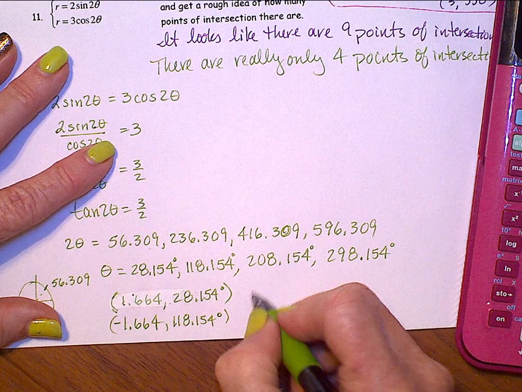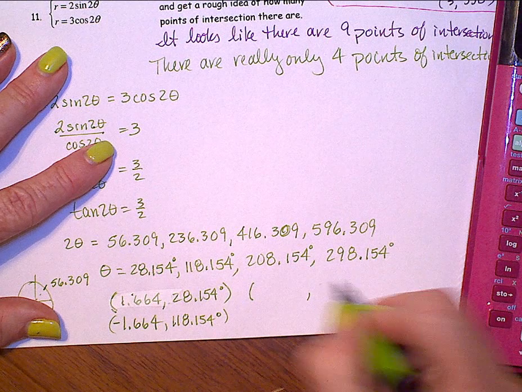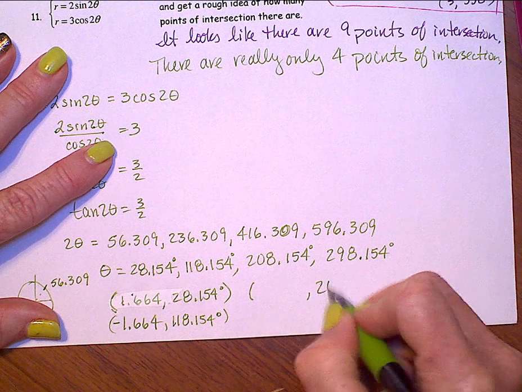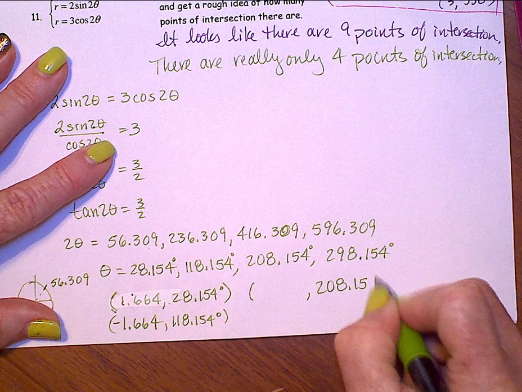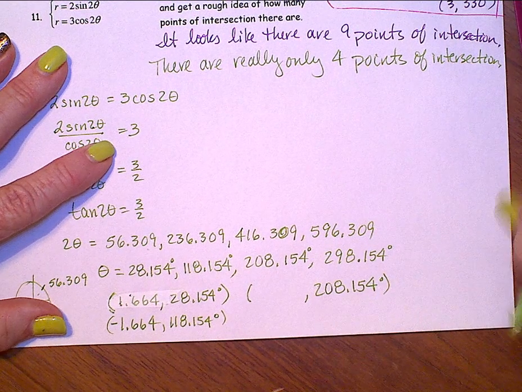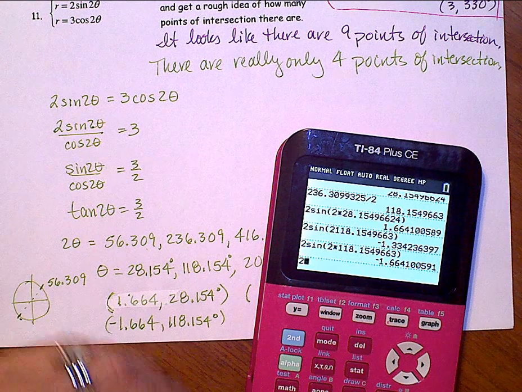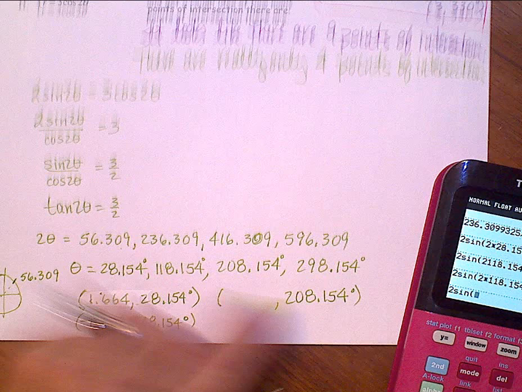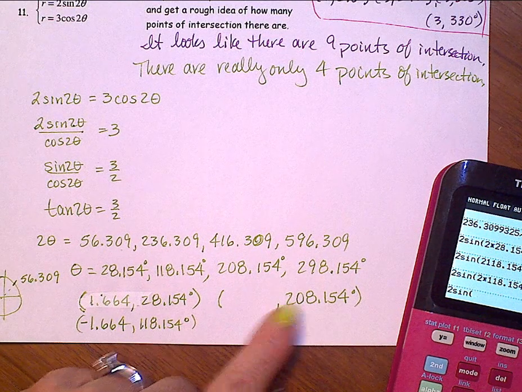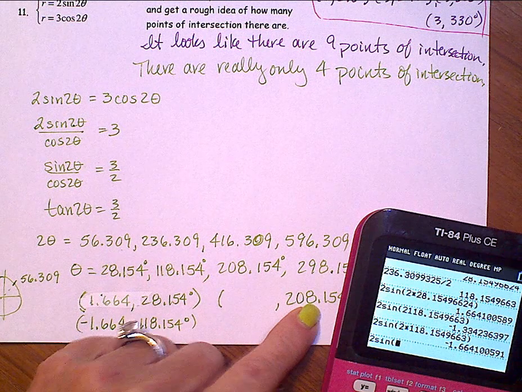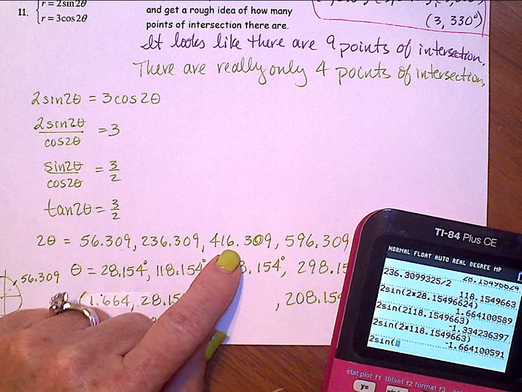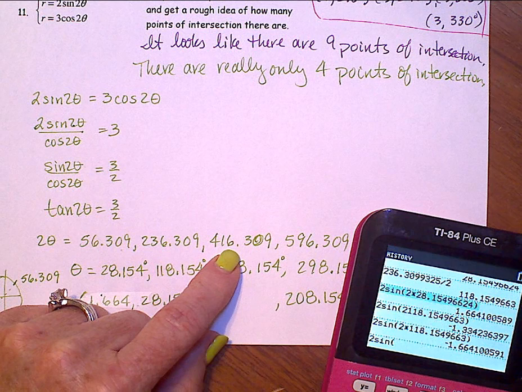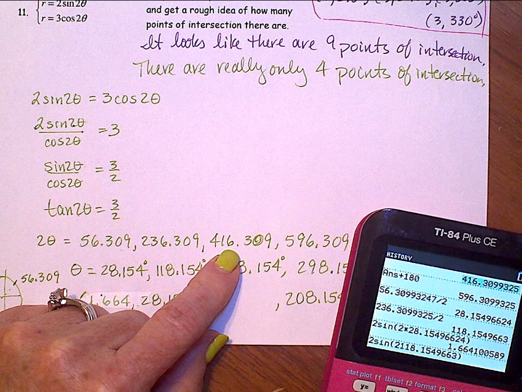And let's see, the next one with a 208.154 to sine 2 times that 208.154. Well, that's also just that 416.309. If you want to go back up here and grab it, there it is.